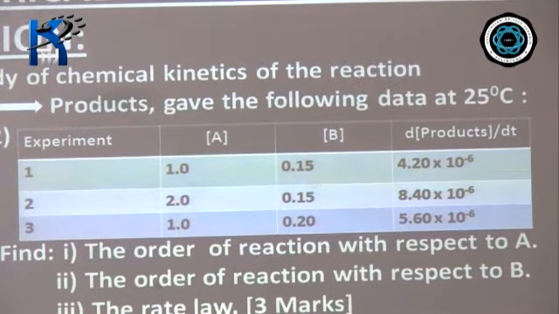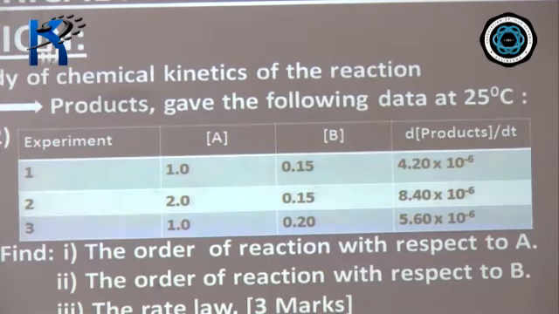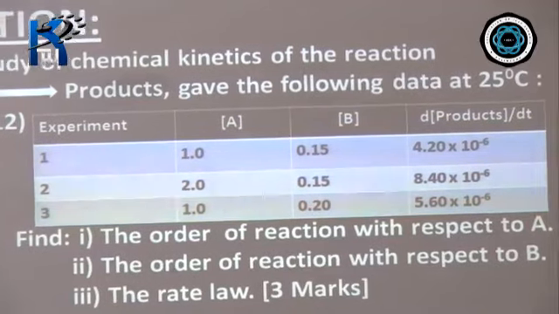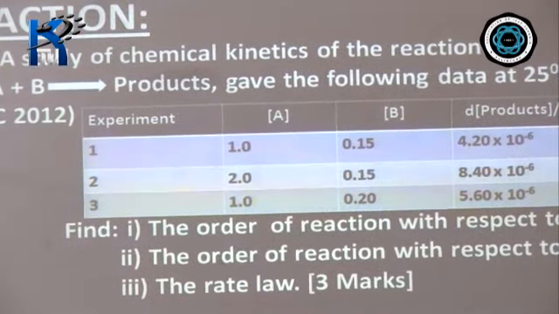So similarly, now we'll put the values of R, A and B of the third experiment. In the third experiment, the value of R is given as 5.60 into 10 to the power minus 6. K is K. The concentration of A is given as 1 to the power of X. And B is given as 0.20, and the power of this is Y, and this is equation 4.